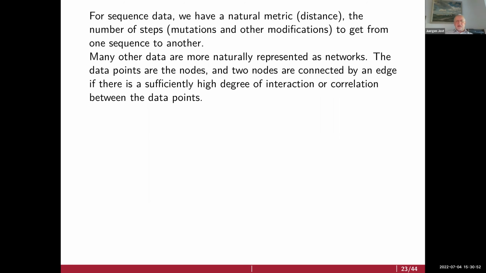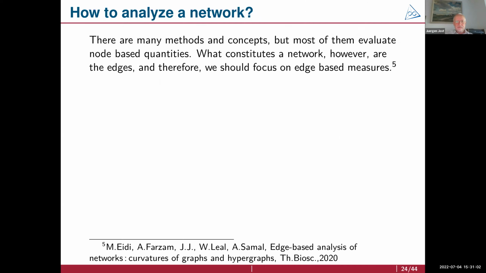So the data points are the nodes, and two nodes are connected by an edge if there's a sufficiently high degree of interaction or correlation between the data points. So if we have such a network, how would you evaluate it? And typically, of course, the biological networks that you get from the data these days are pretty large, with hundreds, thousands, tens of thousands, hundreds of thousands or more nodes.